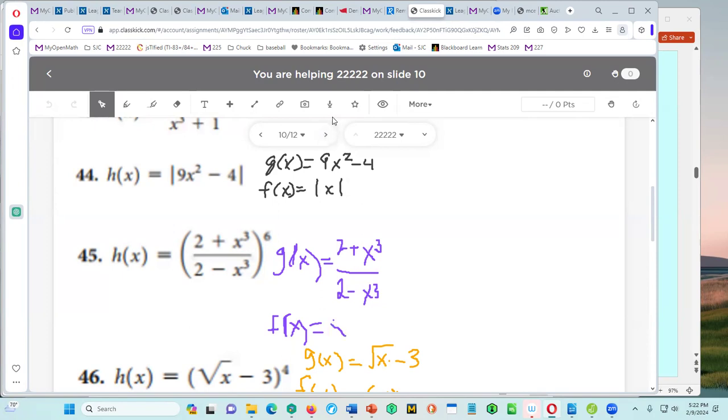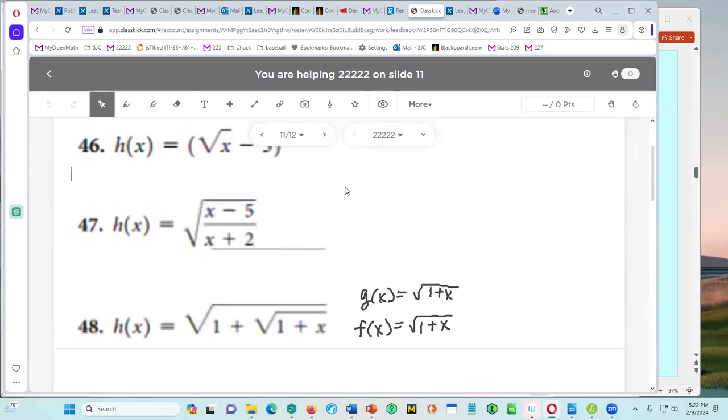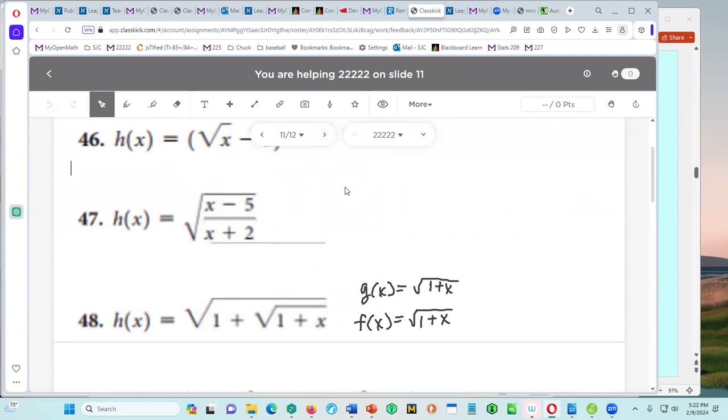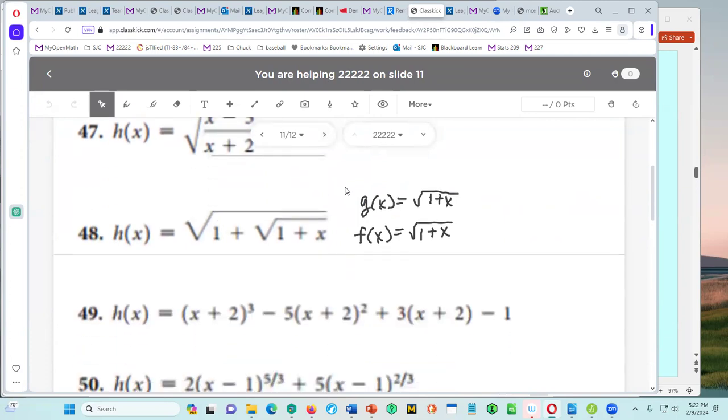So we just call it x to the sixth. I like that one, Jackson, on 48. You look at that and think there's no way f and g are the same thing, but they are. It threw me off for a minute.